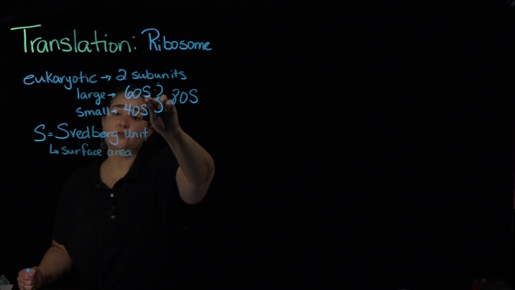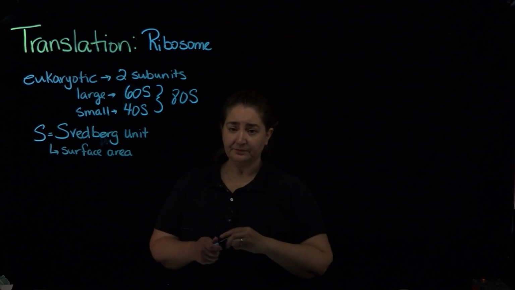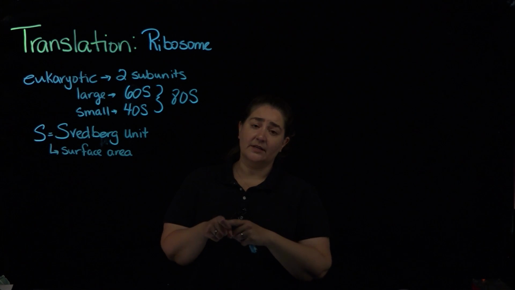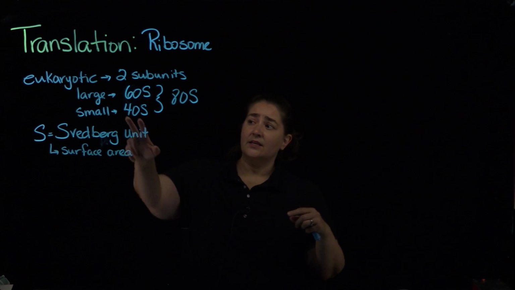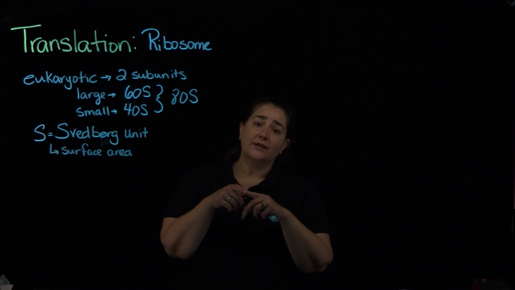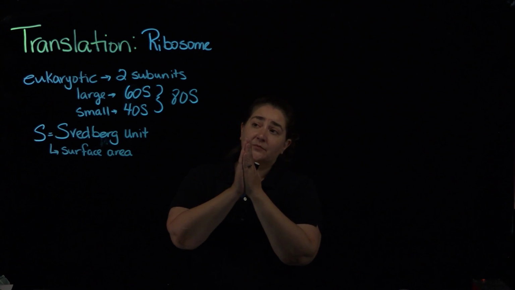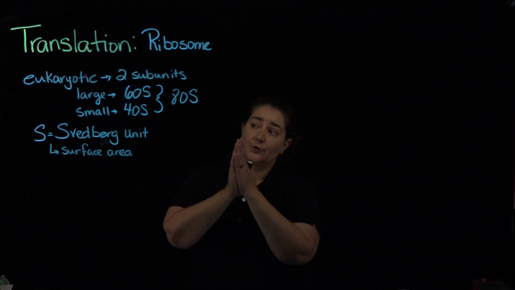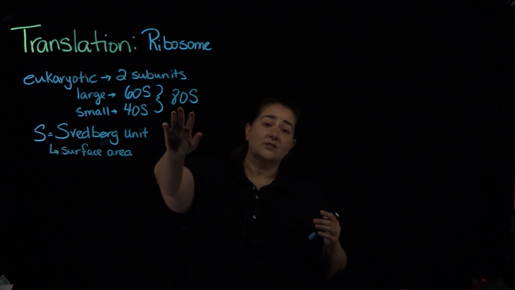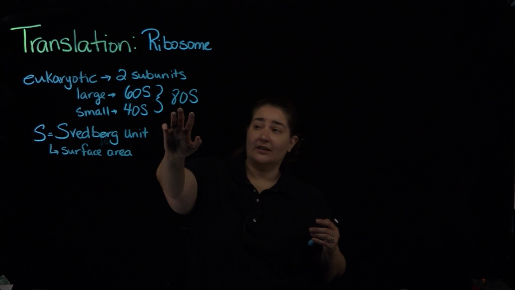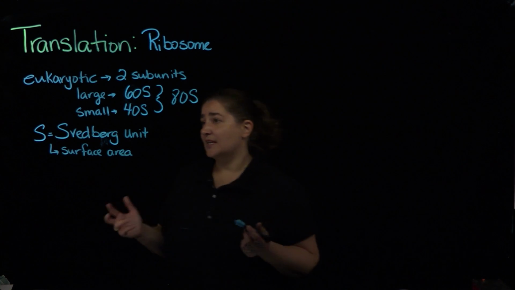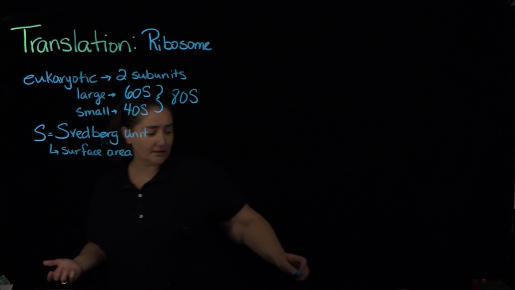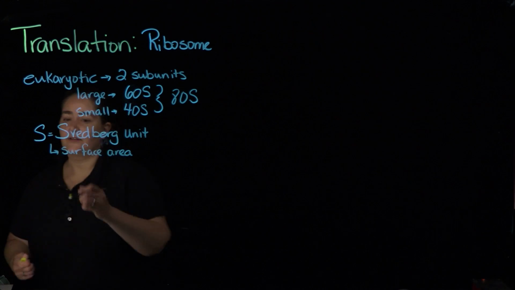So the individual large subunit's surface area is going to come in at 60. The small is going to come in at 40. When they're together, you have less surface area because you have some overlap between the 40S and the 60S. So that's why it's a little bit smaller, okay? The eukaryotic ribosome is 80S. And let me do this in a different color so you have it.